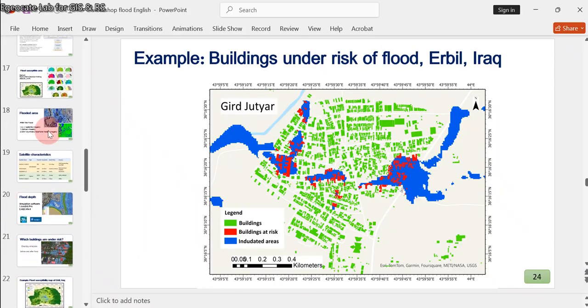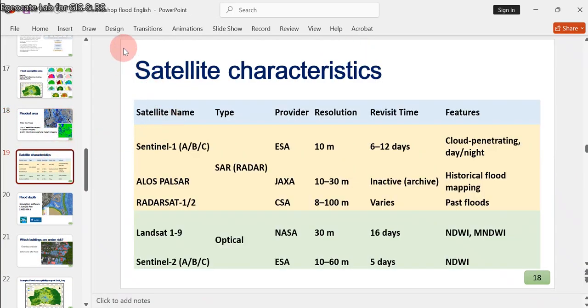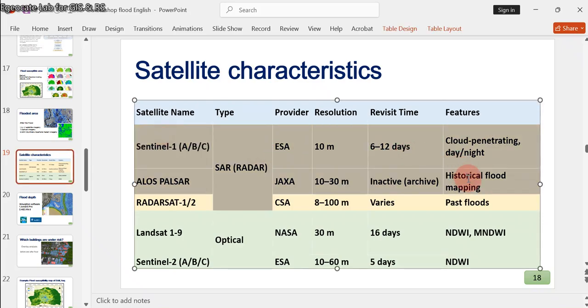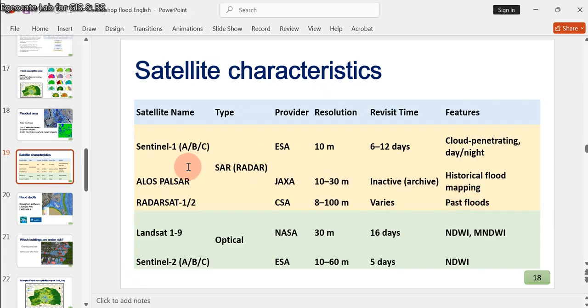Another thing that I want to focus on here is the type of satellite imagery. The orange one is the optical, or sorry, radar satellite imagery. For example, Sentinel-1, ALOS PALSAR, and RadarSat. These are the characteristics: resolution, revisit time, and also the provider of these satellite imageries, which you can use in clouded areas, or in day and night.